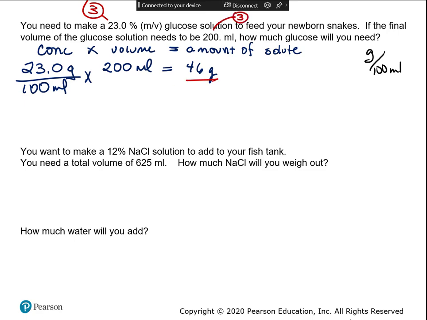So 46, how many significant figures do I have in that? 2. So what do I have to add? 46.0. Okay, so it's that exact. I made 46.0 grams, 3 significant figures in my answer.